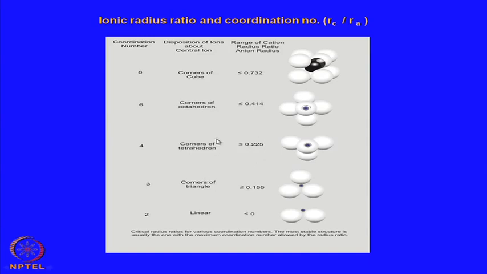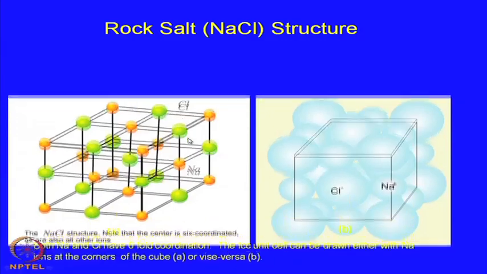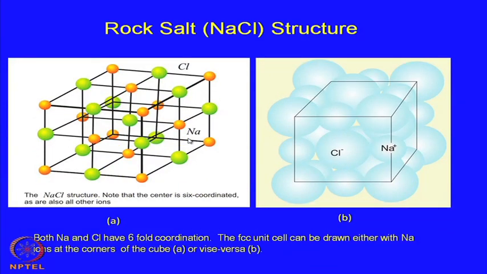So, this is another very important consideration when you are talking about the geometry or the symmetry of crystal structures. Well, with this background, let us look at some very simple structures which are possible and which are available in nature.